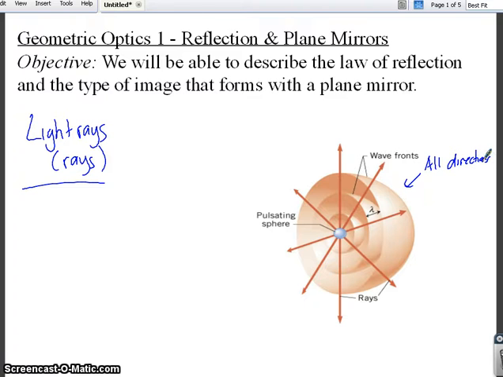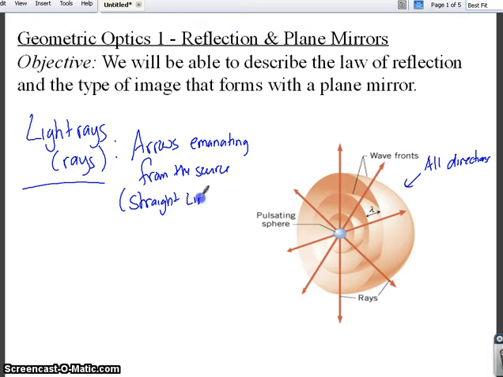We draw light rays as arrows emanating or originating from the source, and we draw these as straight lines. This may sound kind of basic, but I'm going over it for a reason, because we're going to draw a lot of light rays, and they're just straight lines coming from the source, and we just draw them as arrows.